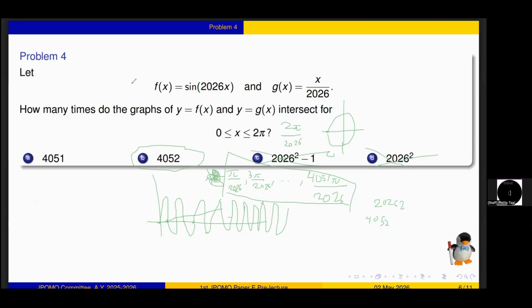Wait, no, it's actually when x is even pi. When x is exactly even pi, that is positive. If x is odd pi over 2026, we're basically saying 2026x is an odd multiple of pi, then we know it's negative. So basically, it's the other way around.